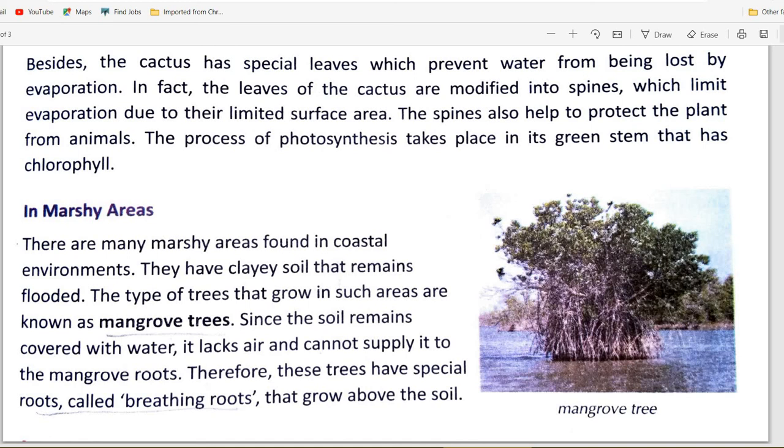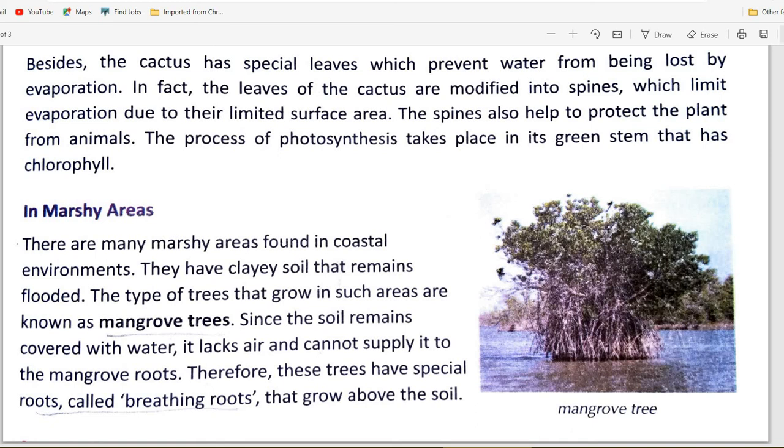So students, in this lesson we know that different types of plants have different features to survive in their habitat. Desert plants have different features, marshy area plants have different features, hilly area plants and plain area plants, or hot and damp area plants.